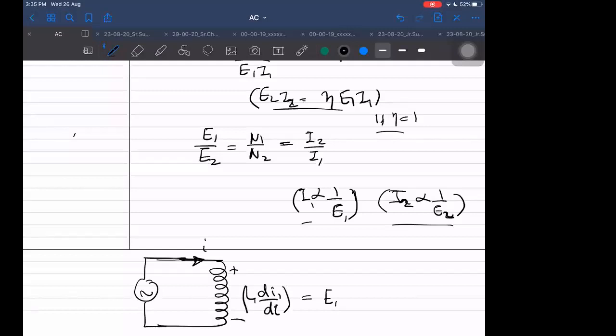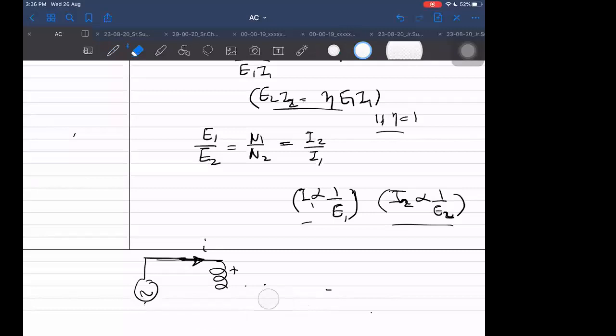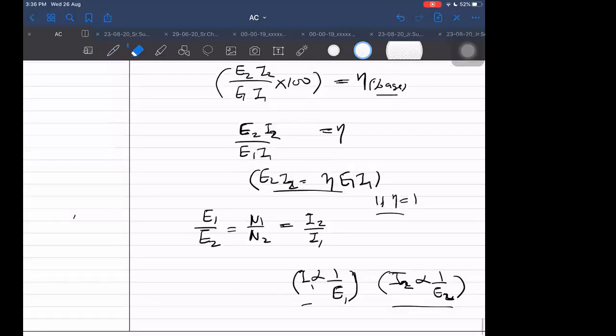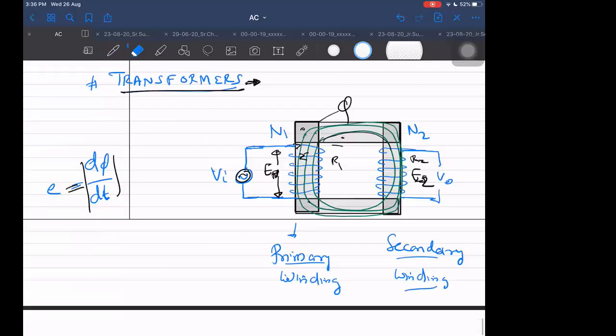Now, how to make this? Wait a second, not this only. The effective circuit diagram will not be this. It will involve the mutual inductance also.